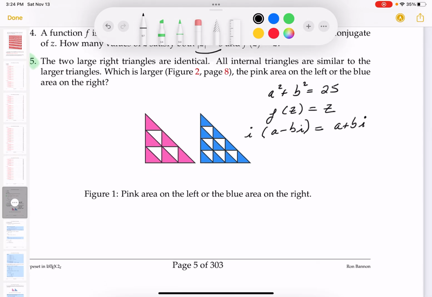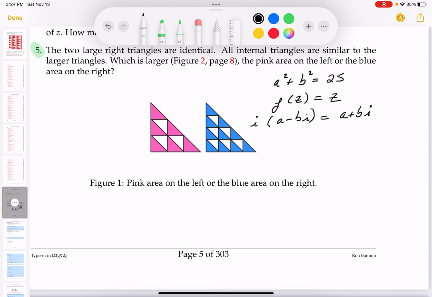All right, maybe this is a dead end. Maybe you bark up the wrong tree and don't see what they got. What do you get over here? You get ai minus bi squared equals a plus bi. All right, what does this give you? This gives you b plus ai equals a plus bi.